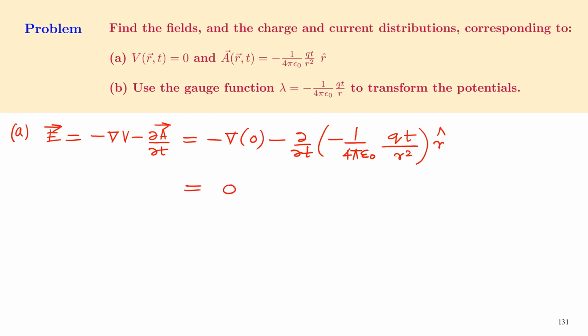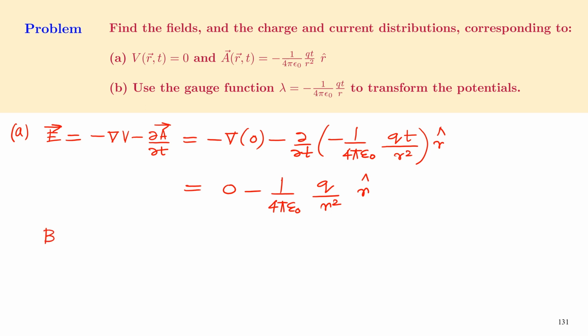This is equal to 0 minus 1 by 4 pi epsilon 0 Q over r square r hat. So this is the electric field that we have calculated from the scalar and vector potentials that are given.